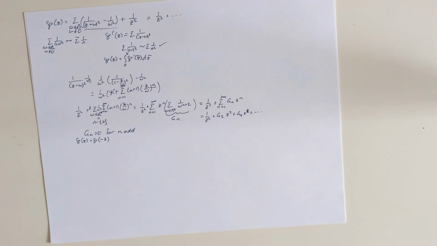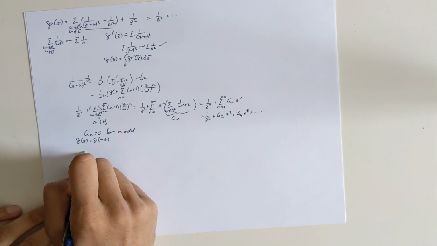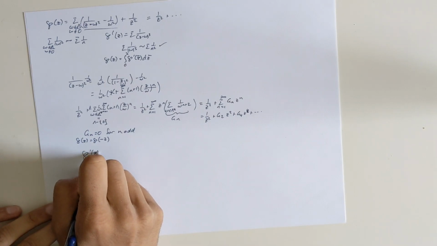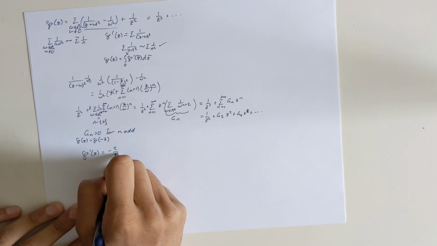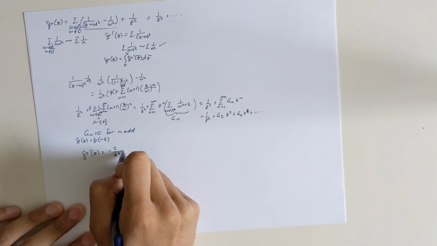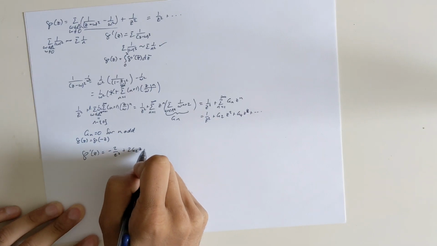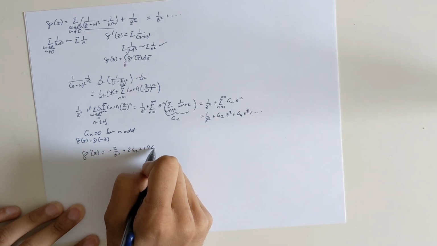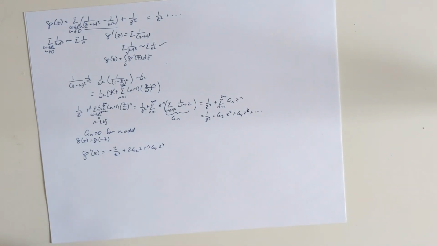Okay, so now what I want to do is some interesting trickery. And that'll mean that I want to analyze this power series now, p prime of z. So this will be negative 2 over z cubed plus 2 g2 z plus 4 g4 z to the third, and so on and so forth.